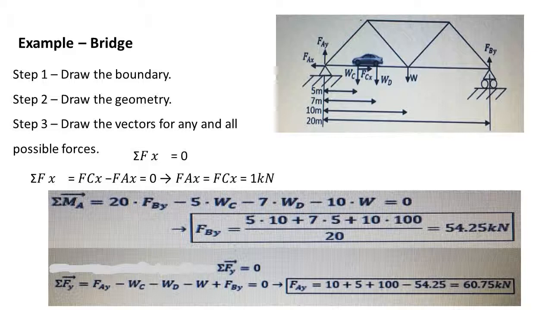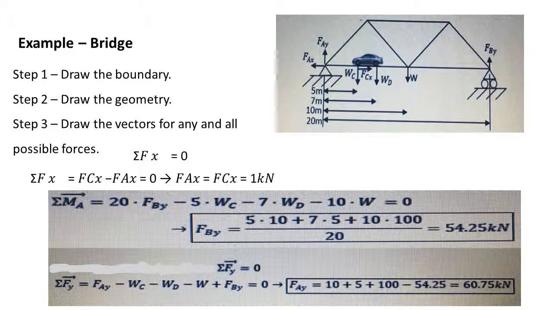Here I have the weight of the car WC, WD, and the weight of the bridge W, and the force in the y direction at origin B. The only unknown here is the force in the y direction at origin A. So by rearranging, I can easily find it, and it is 60.75 kilonewton.